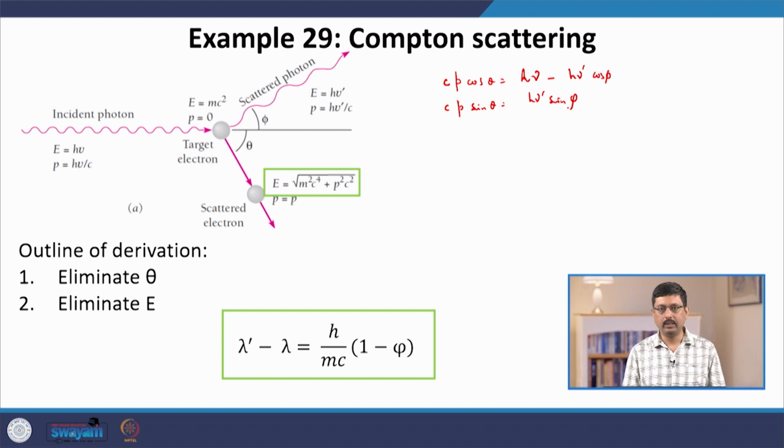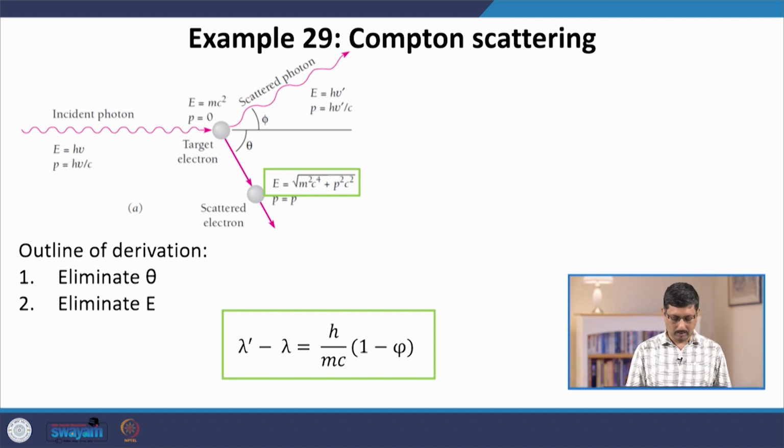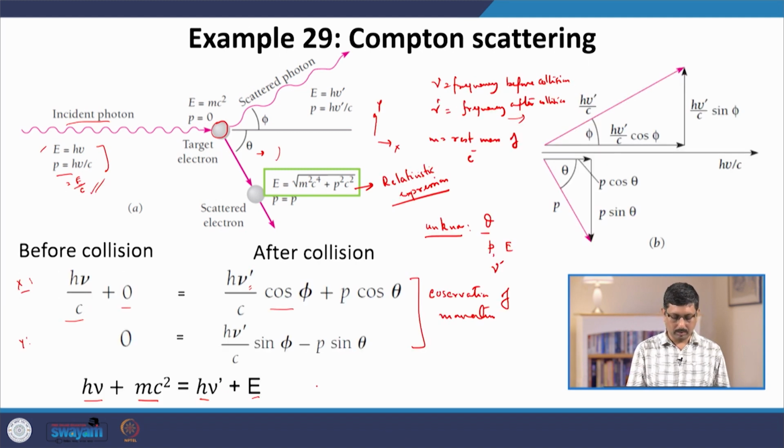So, you can use the identity cos square theta plus sin square theta equal to 1 to eliminate theta from these two equations, and then you eliminate E from the third equation.